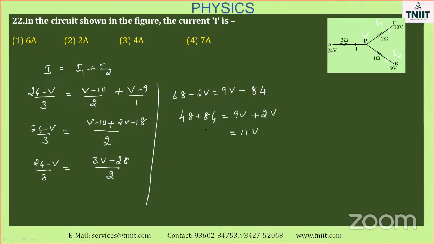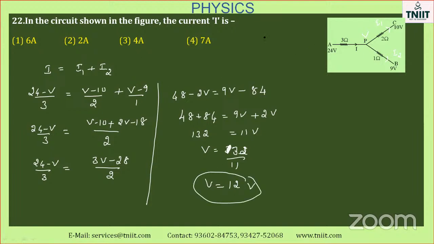This is 11V, 132. So V is 132 by 11. 11 ones are 11, remainder is 22. So V is 12 volt.